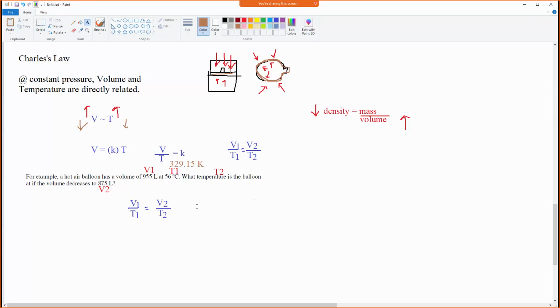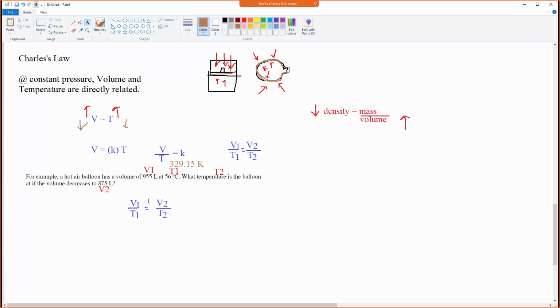So the first thing we needed to do was label which one was which. The second thing was to convert to Kelvin. And now the third thing we need to do is solve for T2 before we plug anything in. It's so much easier to manipulate these variables than it is to manipulate 955 liters and 329.15 K and 875 liters.